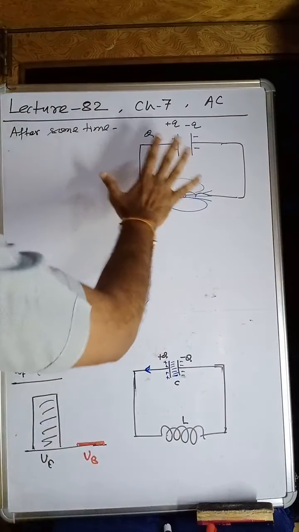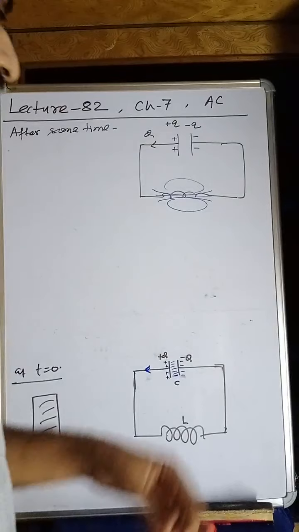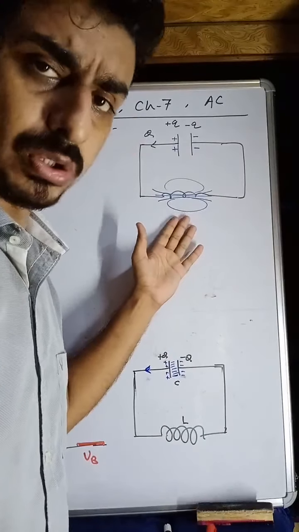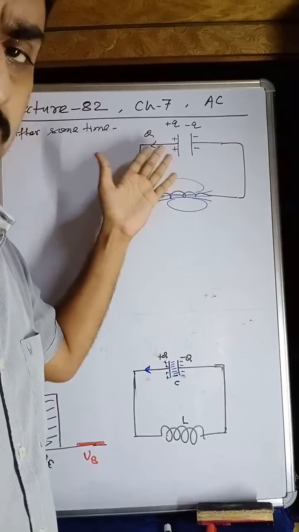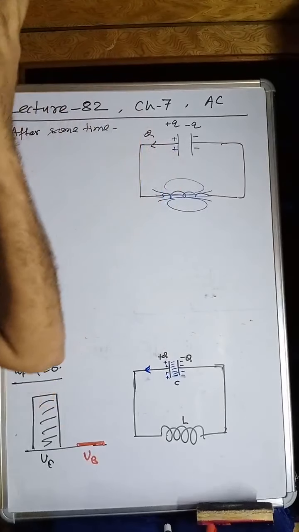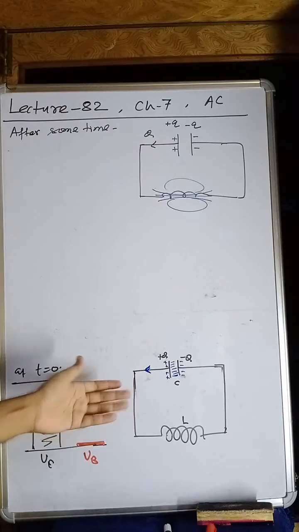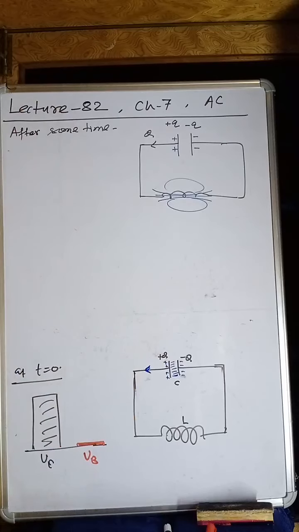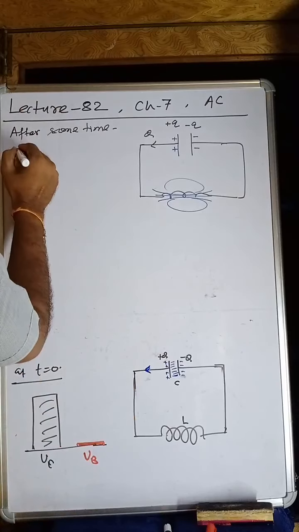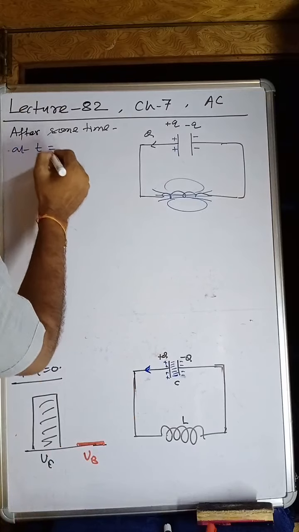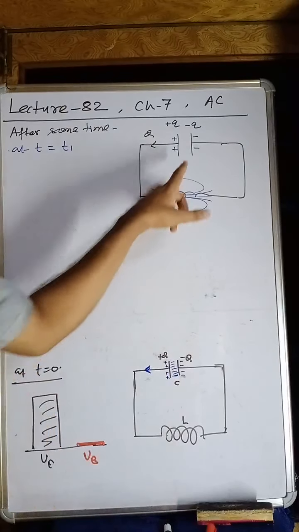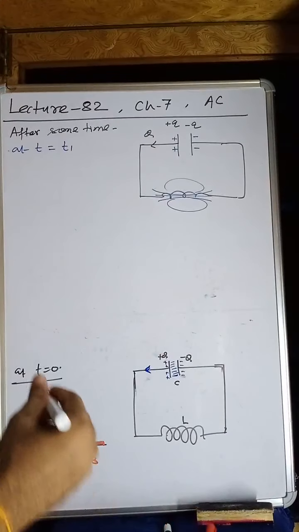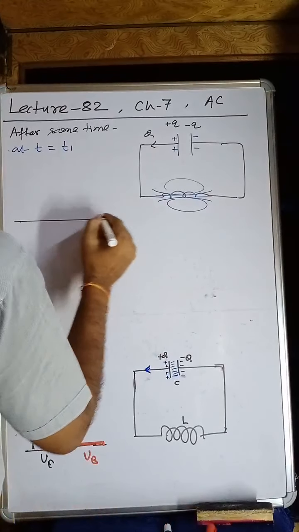In this case, my dear students, there must be some energy in the inductor also. Of course, this capacitor still has some energy, but at any time t1, after this zero time, the capacitor will have energy as well as the inductor.